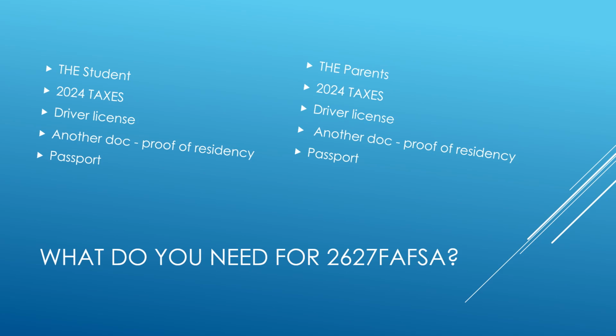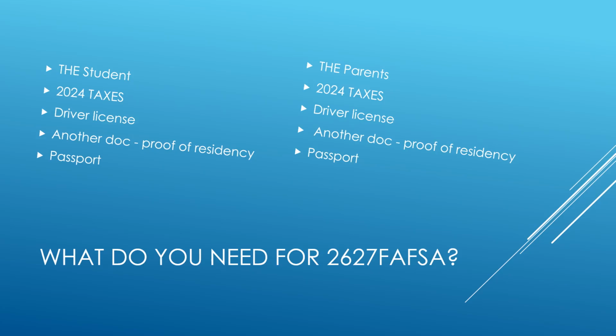You might need a document from the IRS saying that you're a non-tax filer if needed. Parents, you might need to have your 2024 taxes. Most of the time, it pulls them up automatically using the FAFSA website.